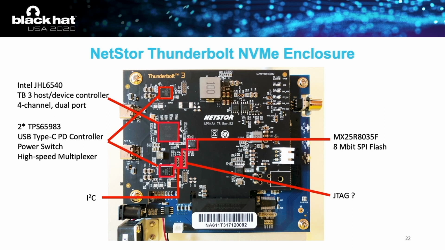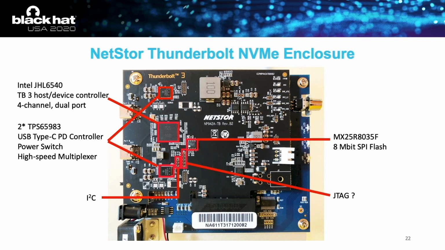Our prime suspect is in the top left corner, the Intel Thunderbolt controller, and we see a USB PD controller, Texas Instruments TPS, one for each Thunderbolt port. There's a SPI flash, which we'll be talking a lot about later, and I2C, which apparently has been routed by the NetStore people to easily accessible paths. So that was really nice.